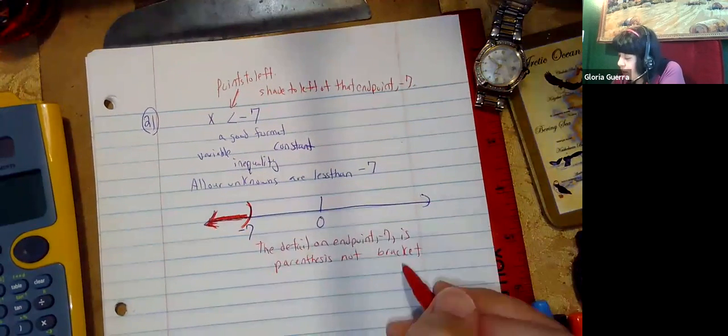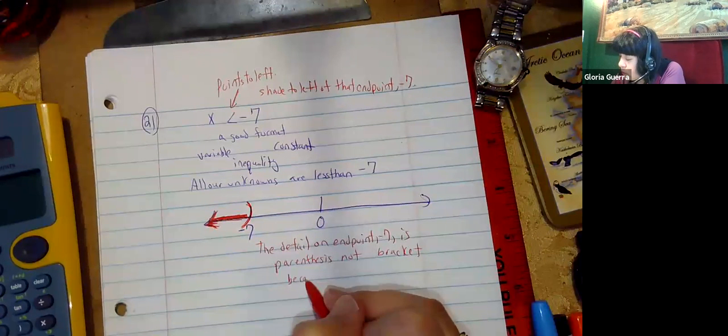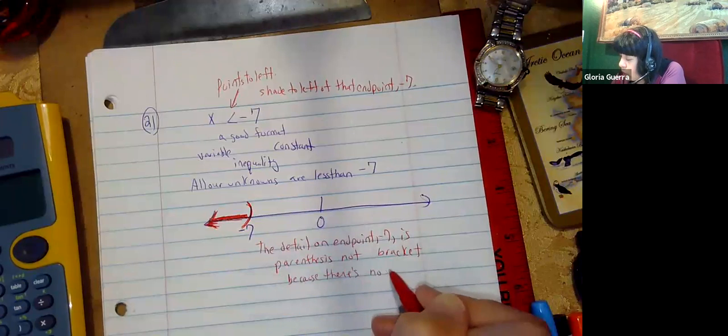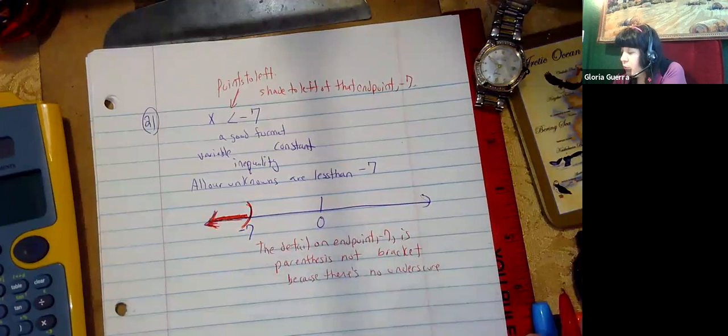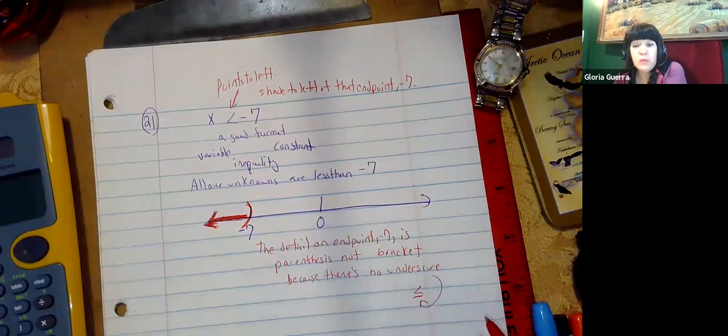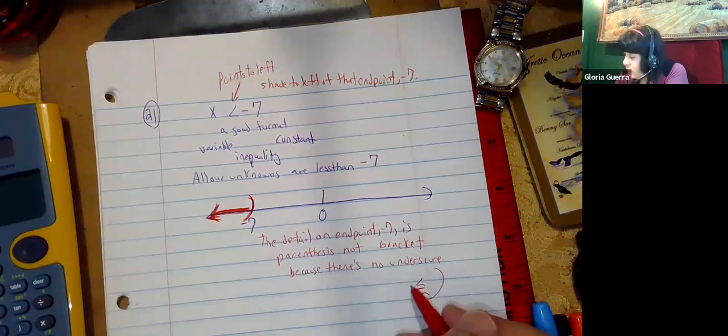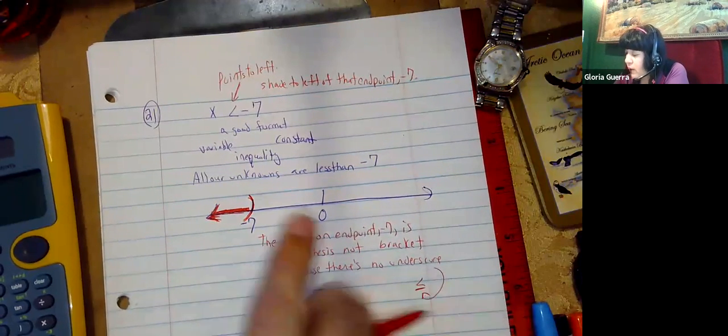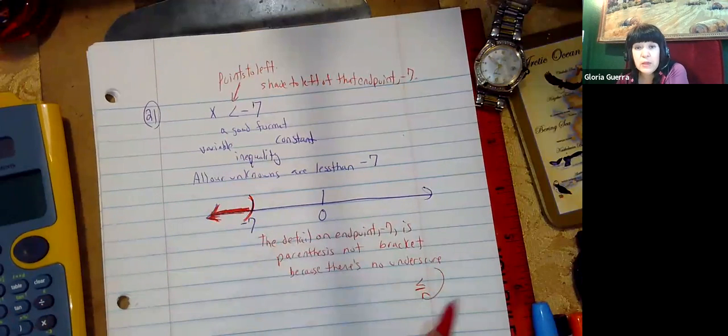I know it's not a bracket because there's no underscore. If I had the underscore, then I would have used a bracket. But since I don't have the underscore, it's a parenthesis, okay?